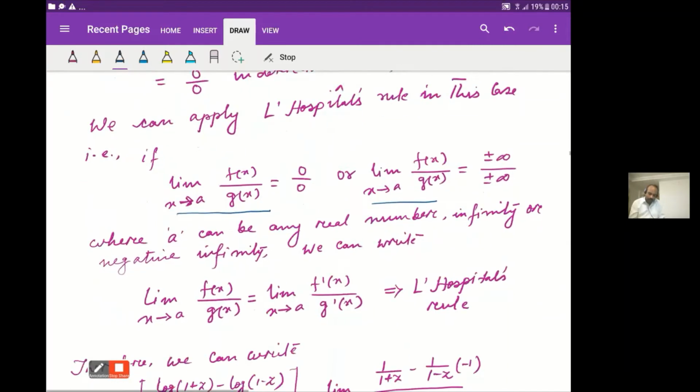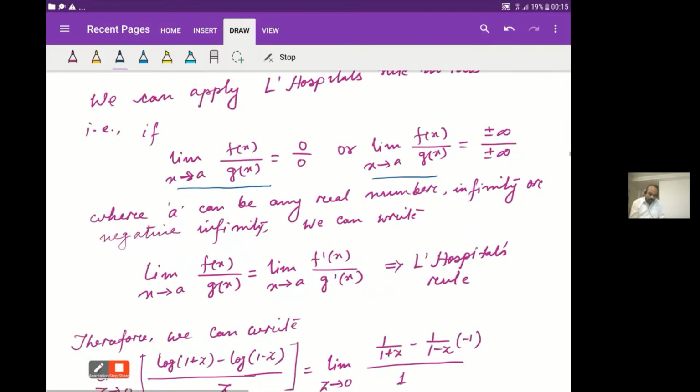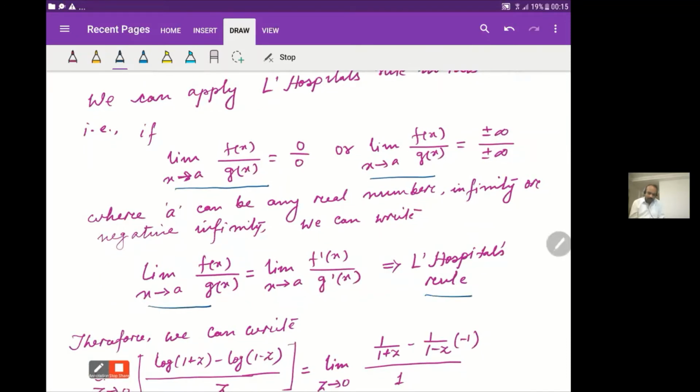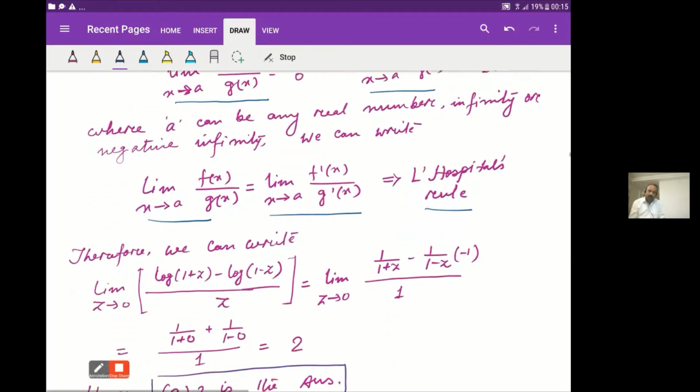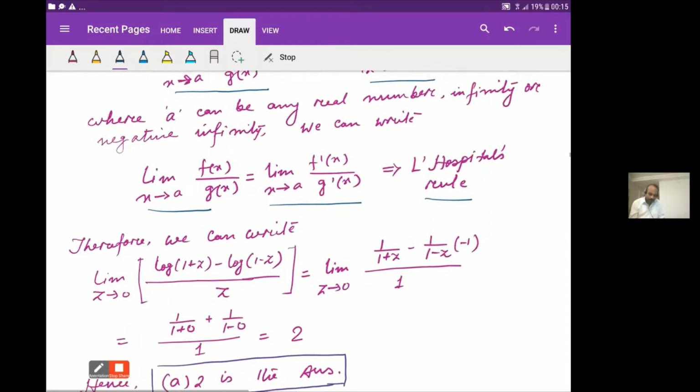And according to the L'Hospital's rule, we have limit x tends to a, fx by gx is equal to limit x tends to a, f dash x, that is derivative of fx, divided by g dash x. So in this problem, we can apply the L'Hospital's rule.